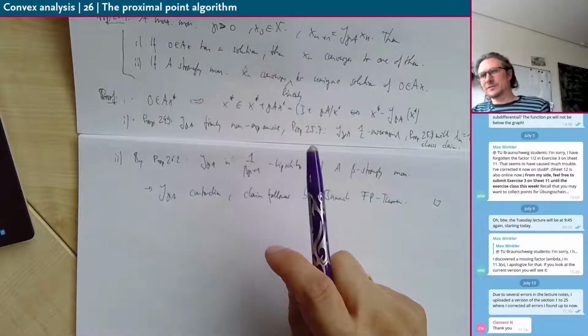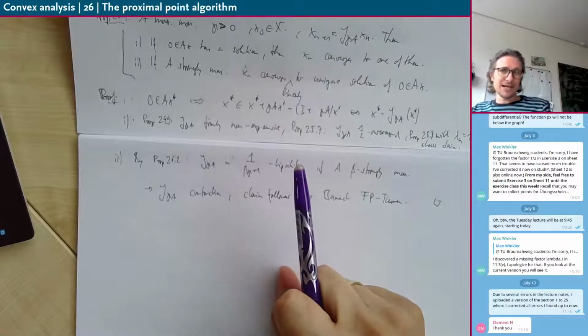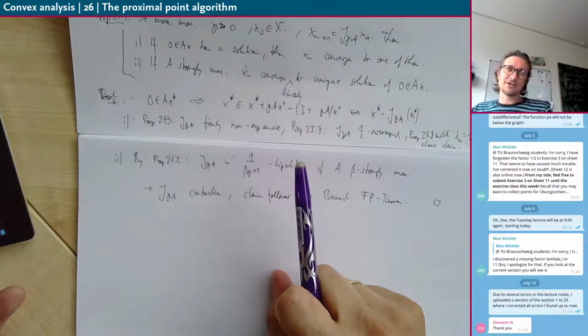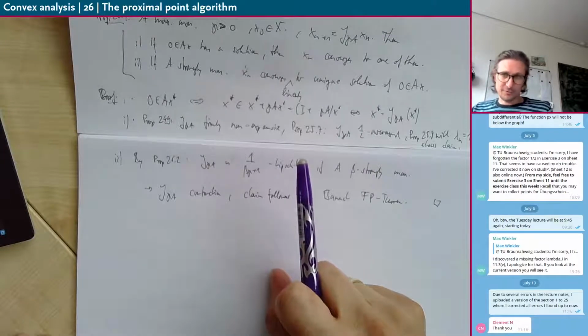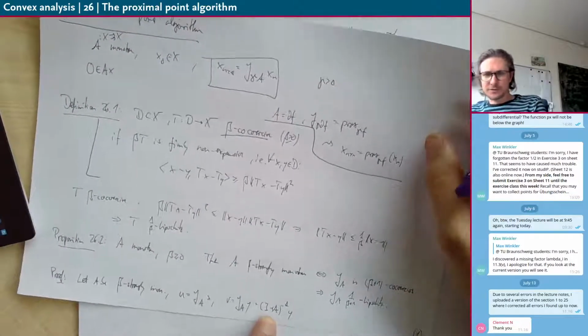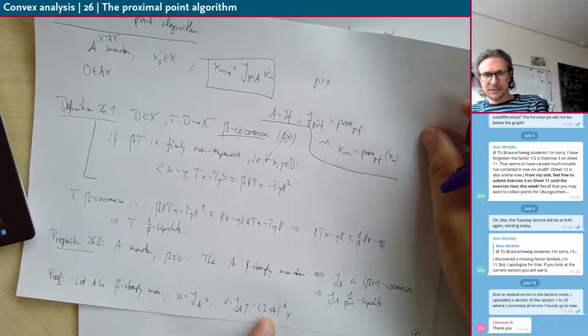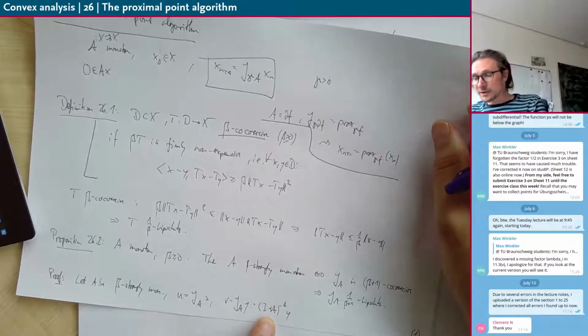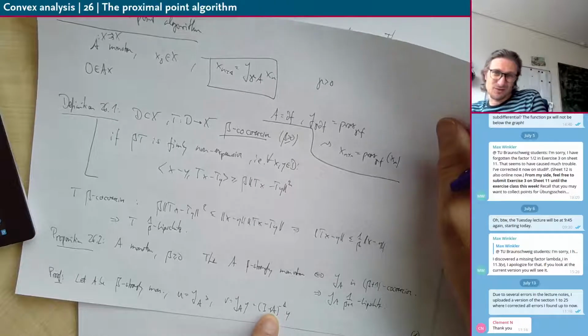So you can do one step with a very large gamma and have almost solved the problem already. This sounds strange, but on the other hand, it's not strange, because if you want to calculate one step of the method, you have to invert or solve a monotone inclusion, right? Applying this is solving a monotone inclusion.